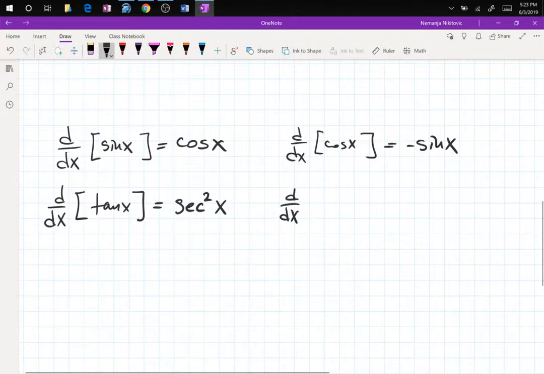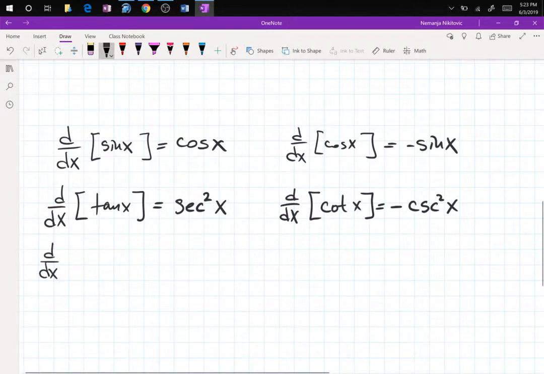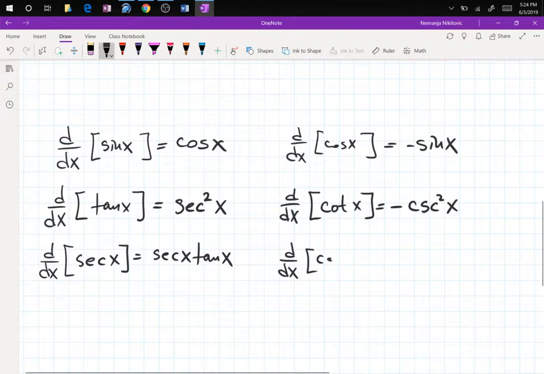The derivative of cotangent x is negative cosecant squared x. Two more. The derivative of secant x is secant x tangent x. And finally, the derivative of cosecant x is negative cosecant x cotangent x.